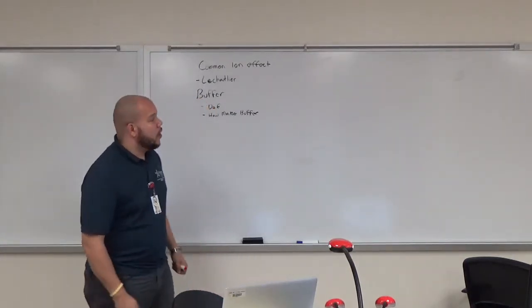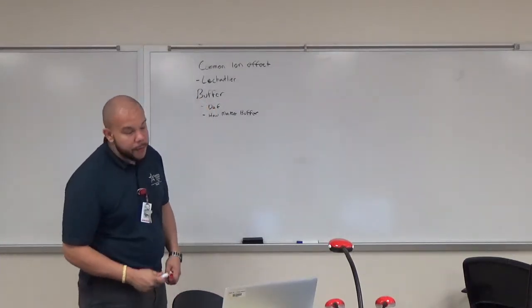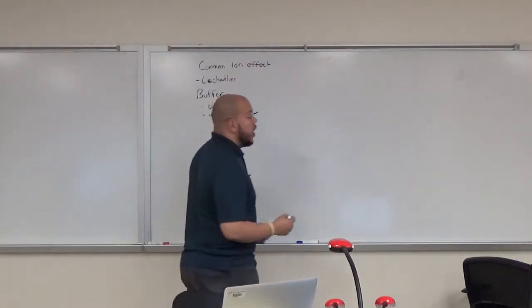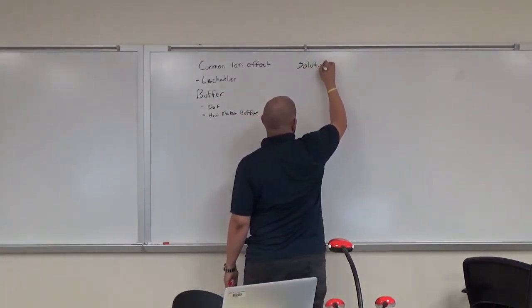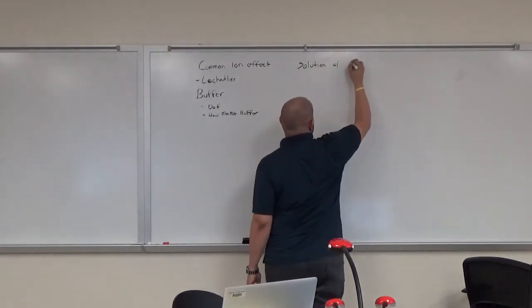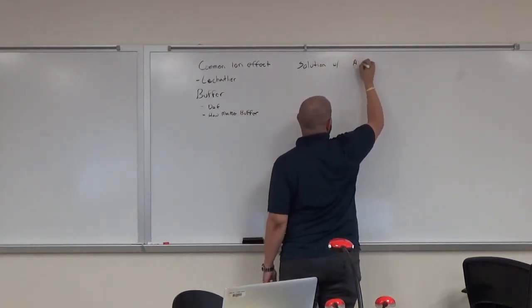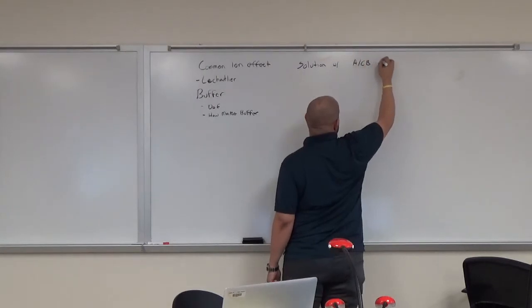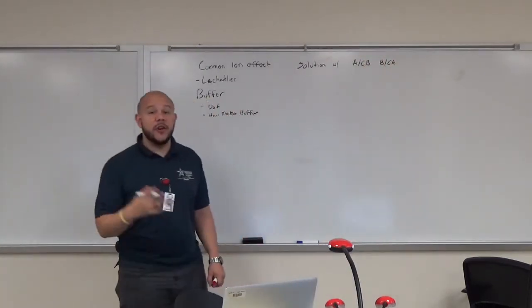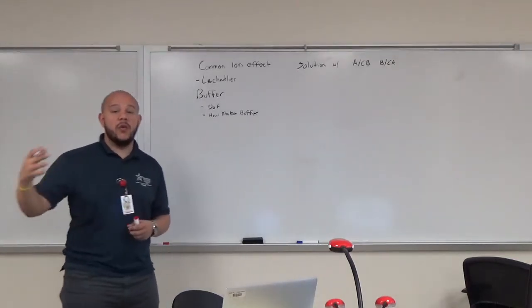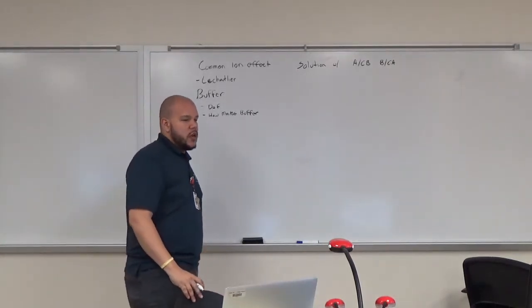So, by definition, a buffer is a solution with an acid-conjugate base pair or a base-conjugate acid pair, common ions. Very similar to what we just talked about. So this is segueing us into buffers.